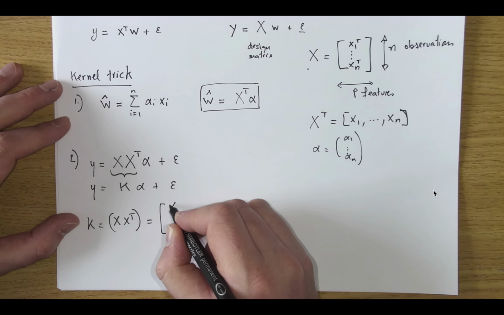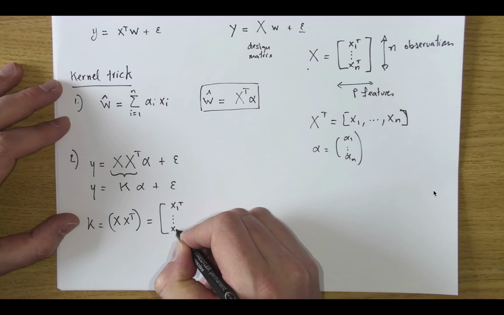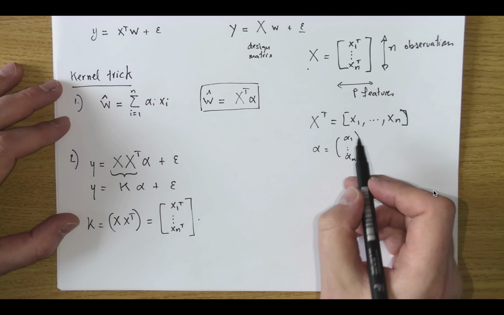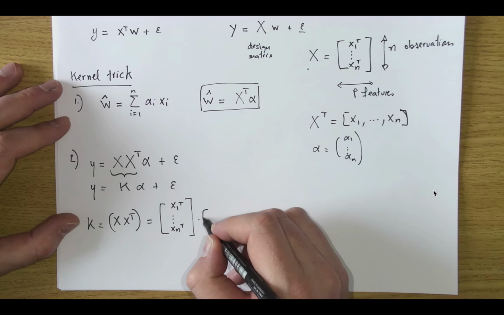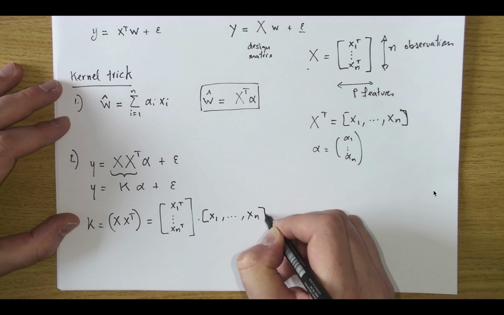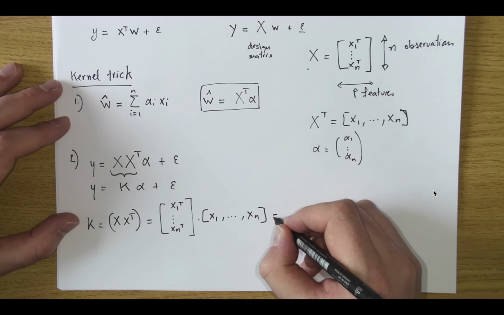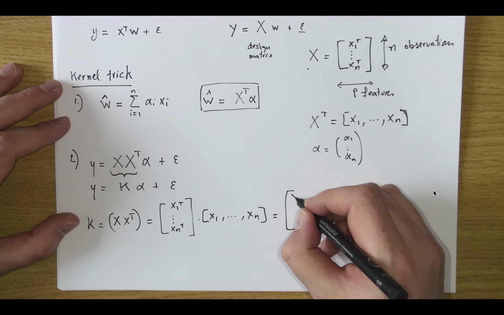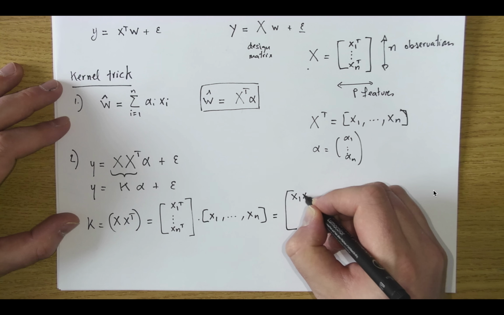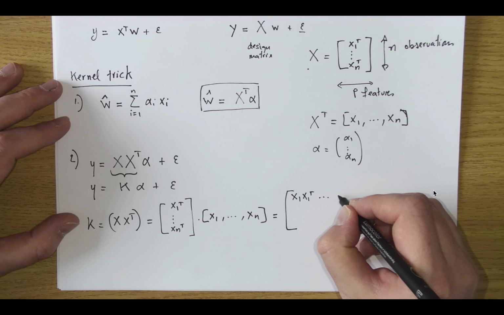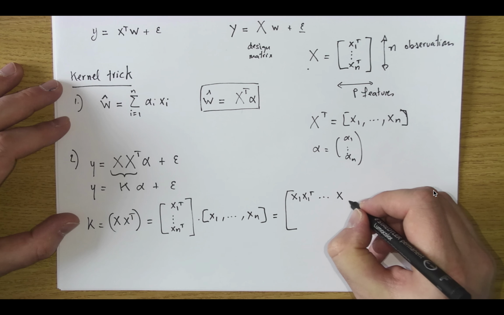Here we have the stacking of the feature vectors, the design matrix, and what you end up with is a square matrix whose entries are scalar products between different feature vectors.